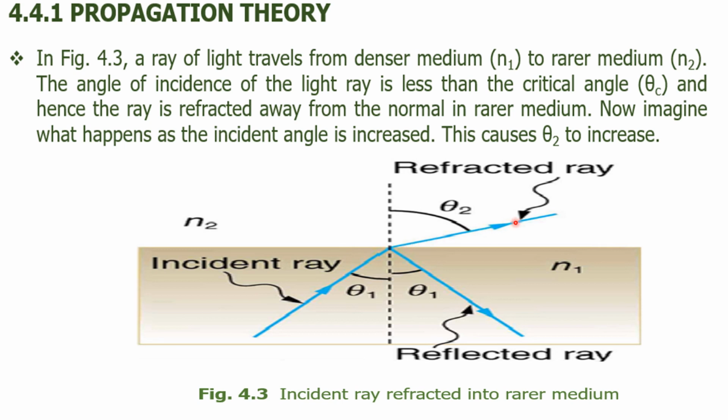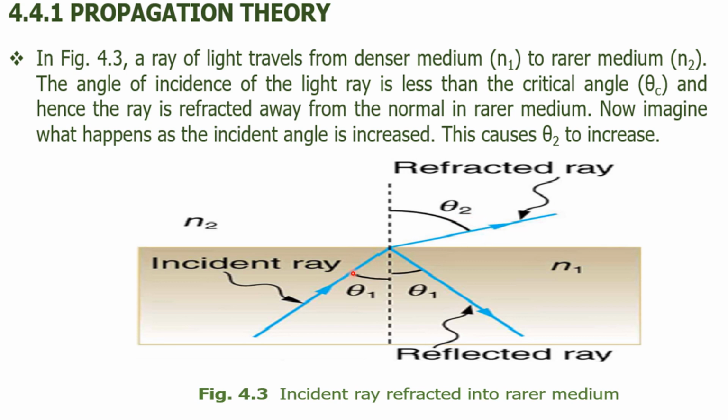So part of the ray will get refracted and part of the ray will get reflected. The one which is refracted will move away from the normal. Now if I increase this θ1 to a little greater angle, then what will happen? The refracted ray will move a little further away from the normal. So as I keep increasing the angle of incidence, this θ2 will also keep increasing.